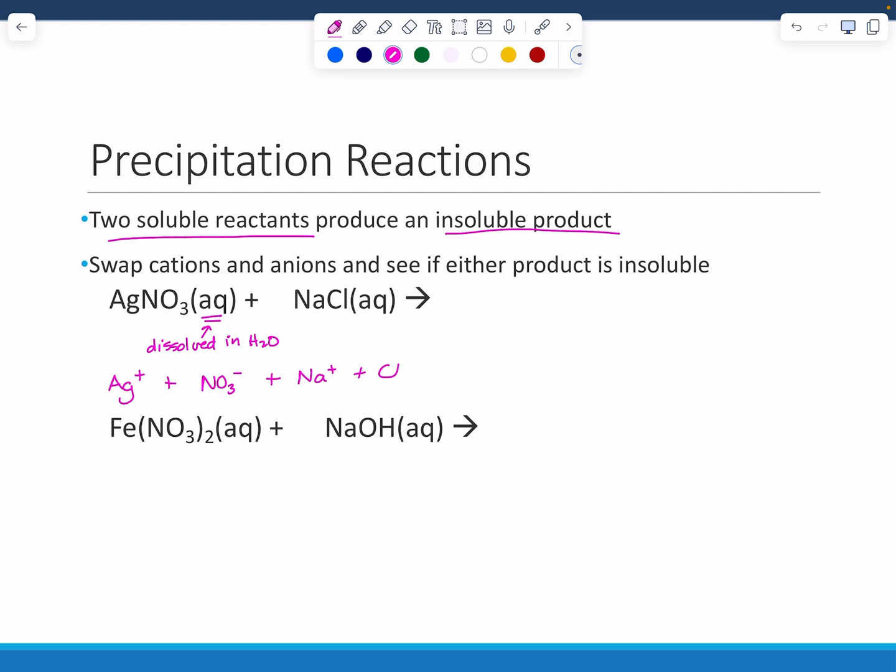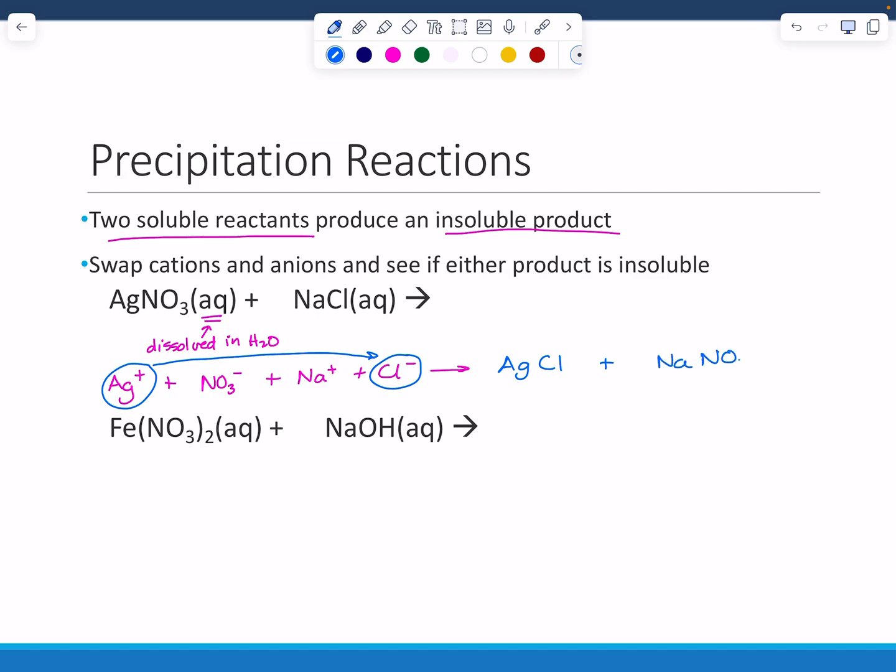So when you mix these things together, if you see a precipitate, what you're observing is that we've got a reaction between the cation from one and the anion from another. So we have silver chloride and sodium nitrate.